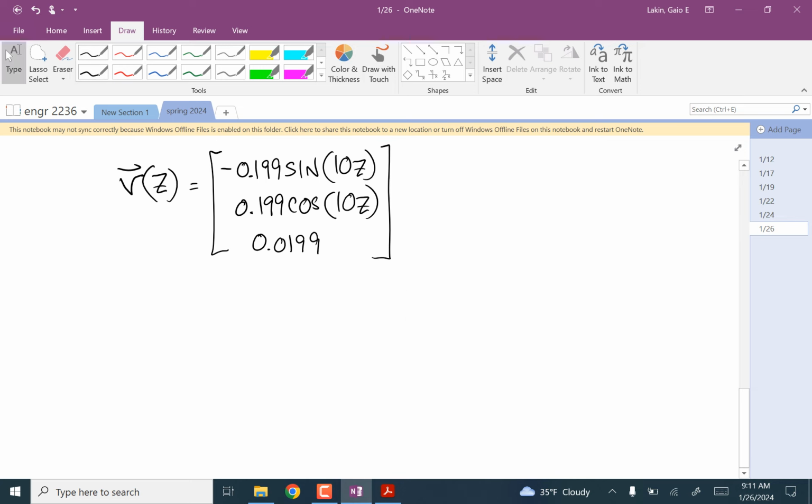And then once you're there, you've gotten to the point where this is just like every other problem. The acceleration is going to be dv/dz times dz/dt. And dz/dt is this.